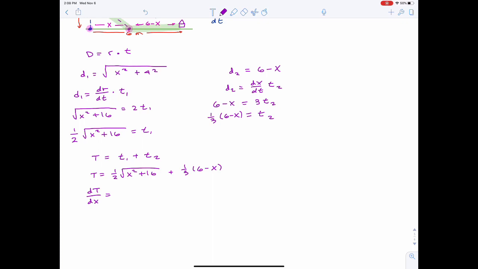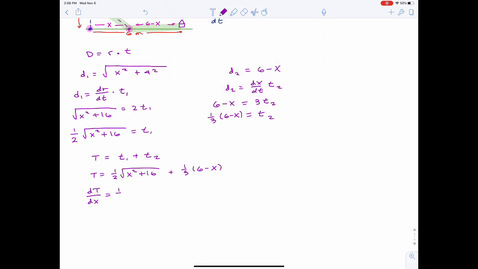what do we get here? Sorry, I'm going a little faster myself here. So let's do this a little slower so I don't make a mistake.